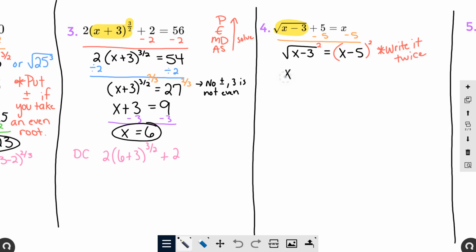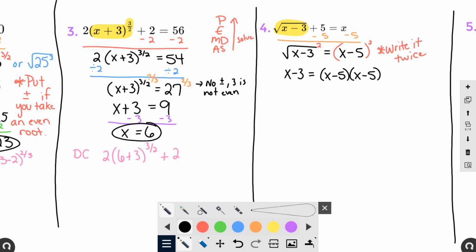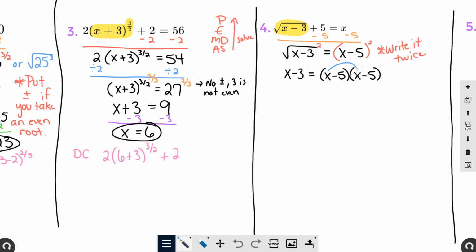So on the left side, we're just left with x minus 3. But on the right side, you have to FOIL and write it out twice. Kind of keep going from there. So let's distribute out. What's x times x? x times -5. -5 times x.